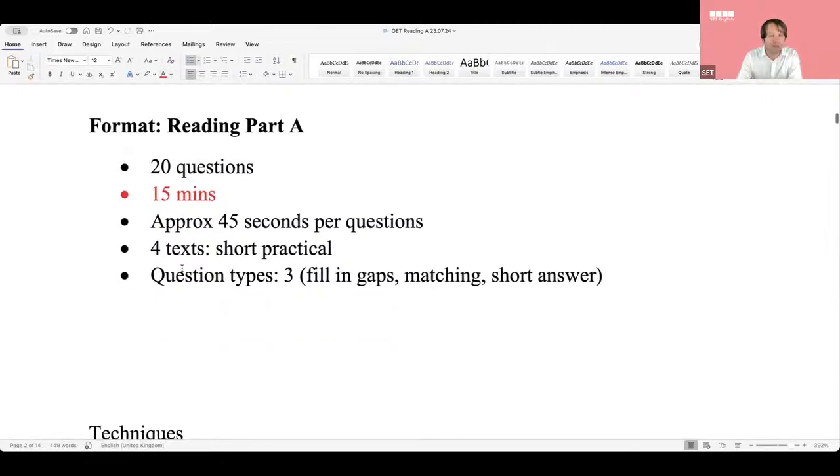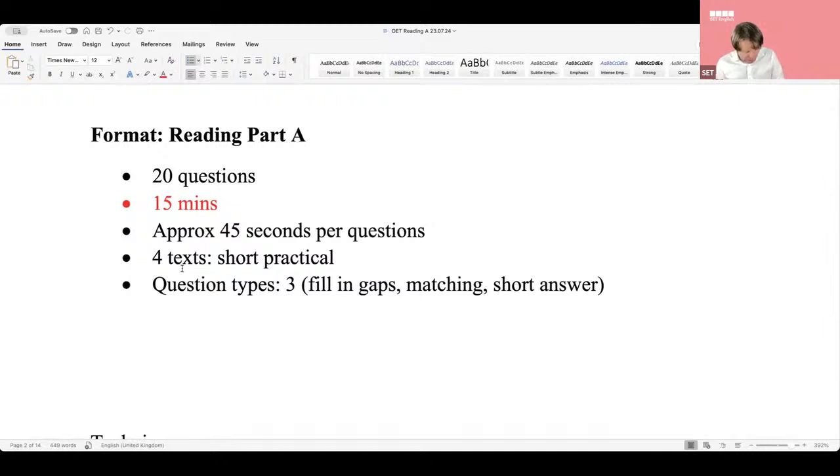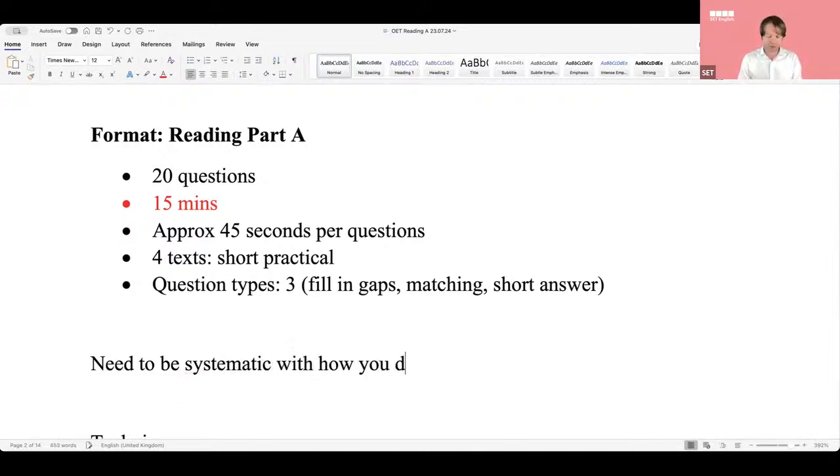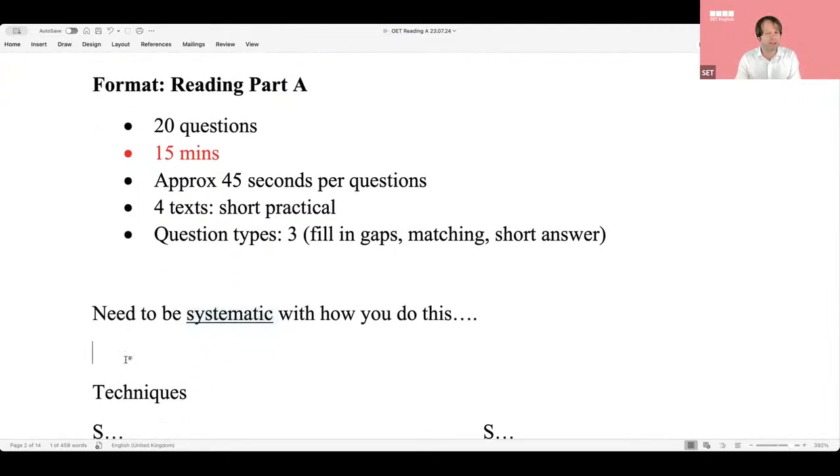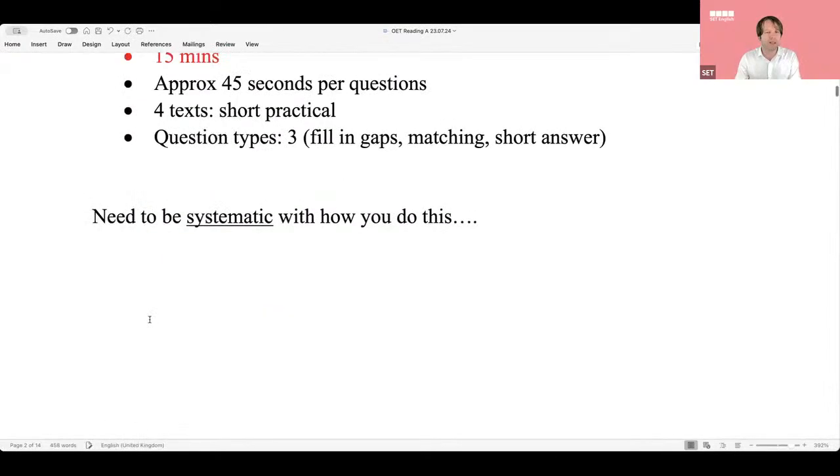In order to be really fast, you need to have a good technique. You need to be systematic. What does that mean, systematic? I always use this word because I think it's important.